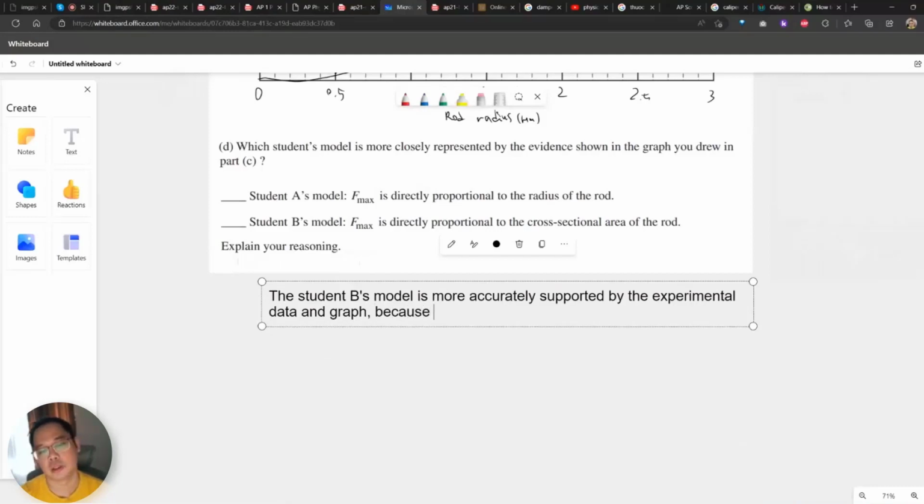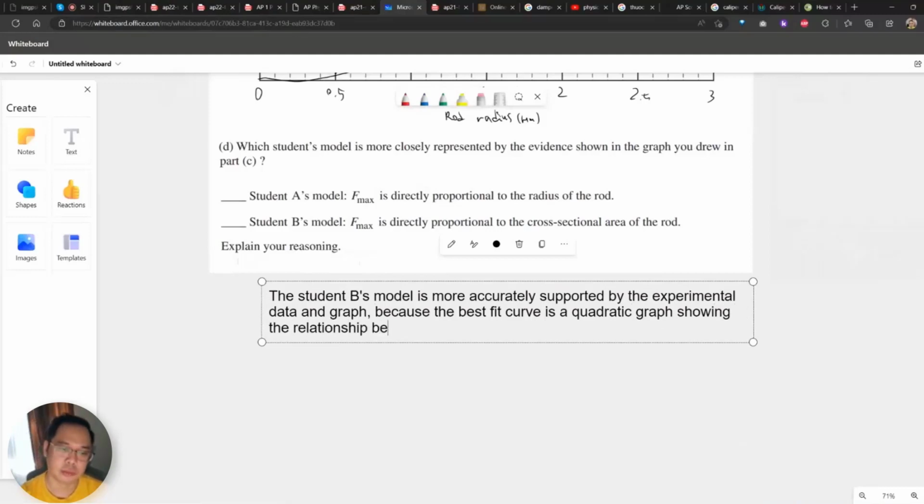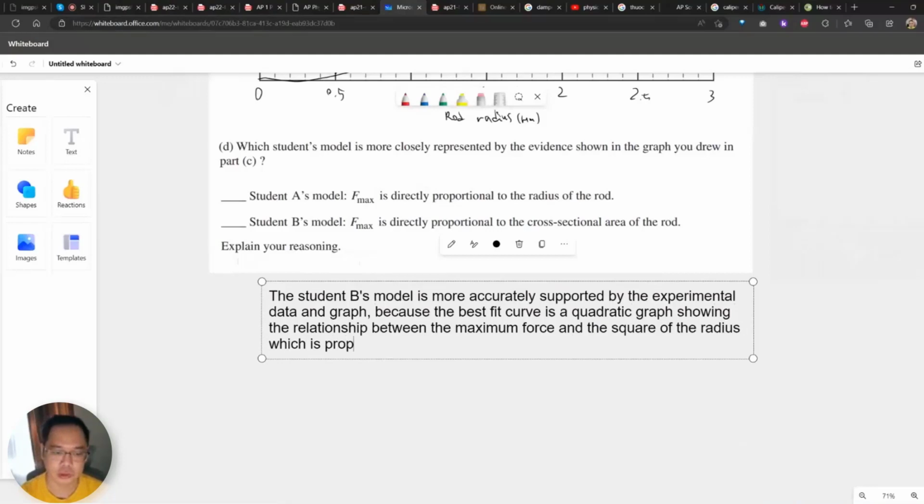because the best fit curve is a quadratic graph showing the relationship between the maximum force and the square of the radius, which is proportional to the cross-sectional area.